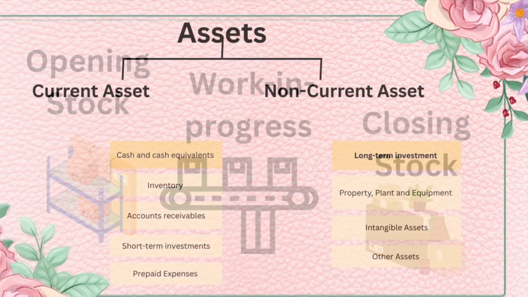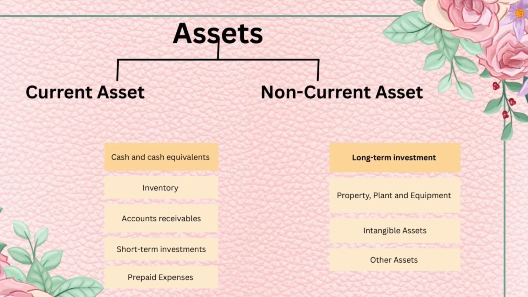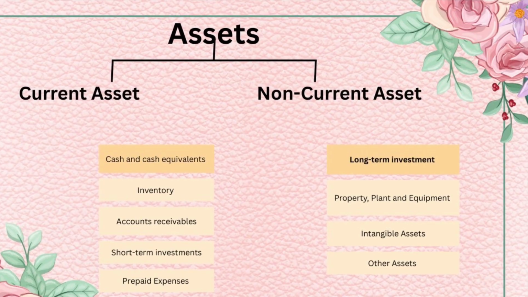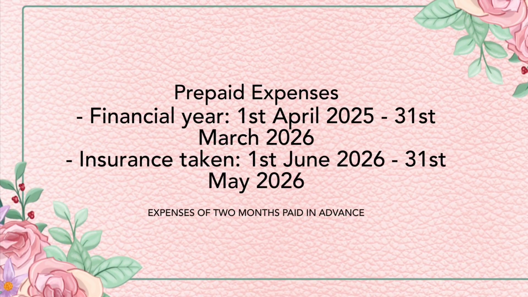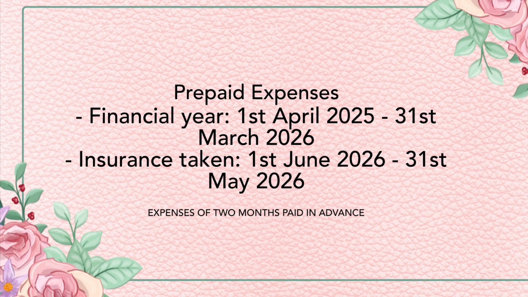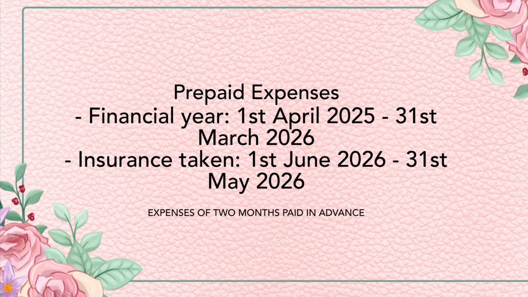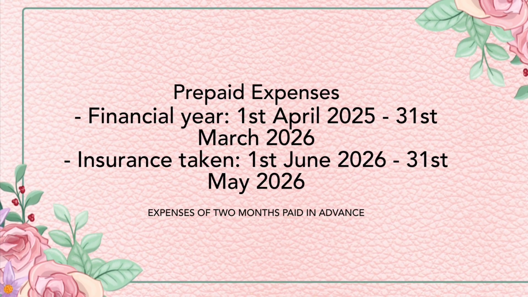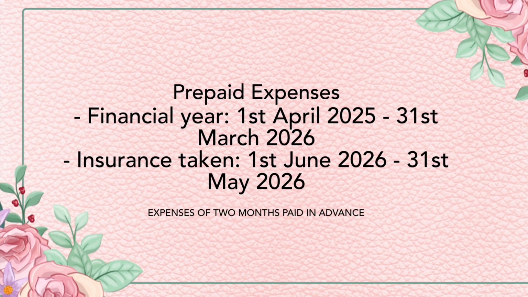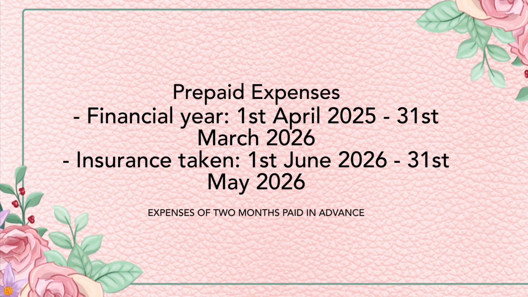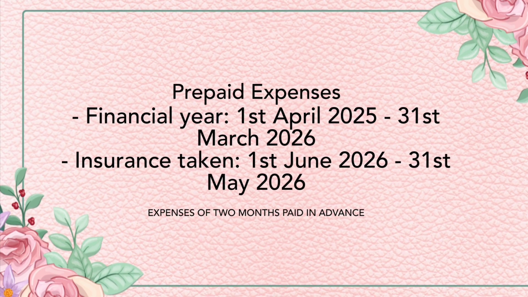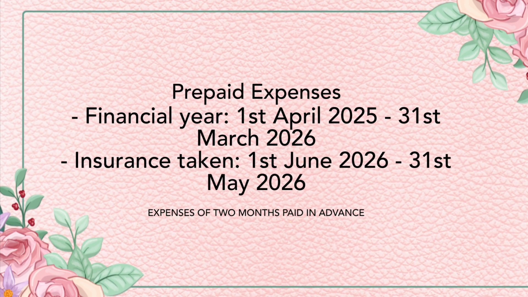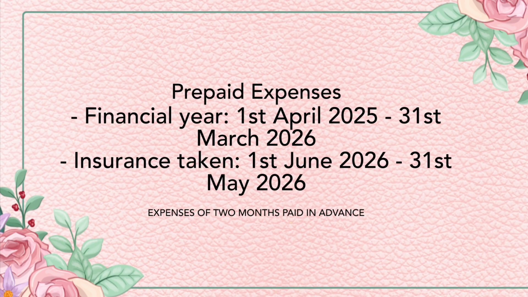Next, current assets include short-term investments which are made by the company. Besides this, there are some prepaid expenses. Now, what are prepaid expenses? The expenses which are paid for the next year also are covered under prepaid expenses. For example, X took an insurance policy on 1 June 2025, but the financial year runs from 1st April 2025 to 31st March 2026.